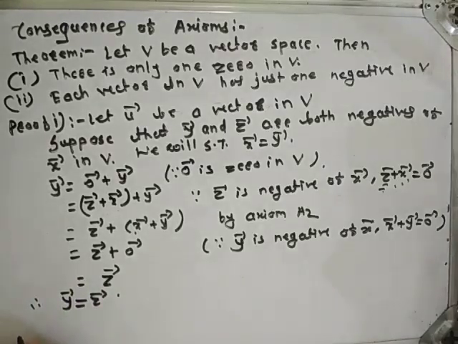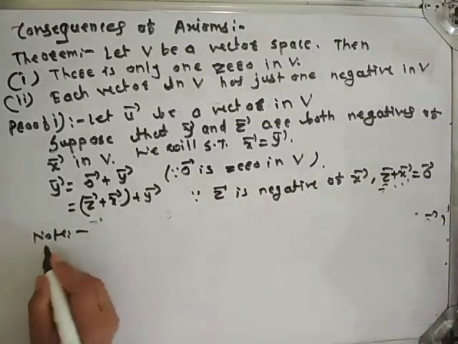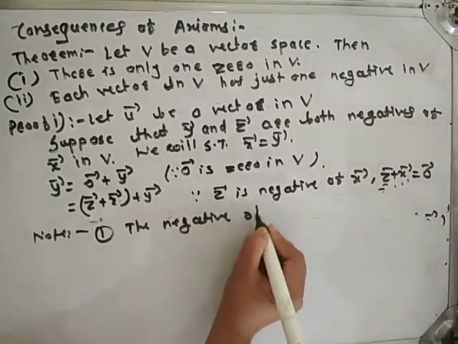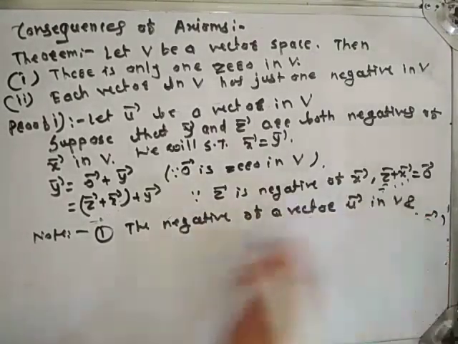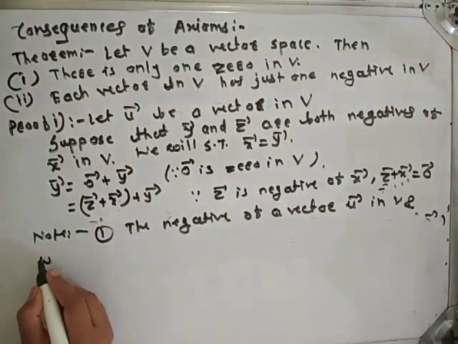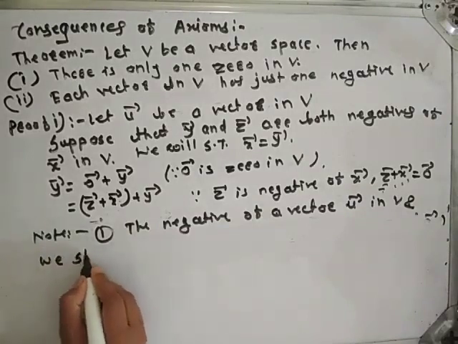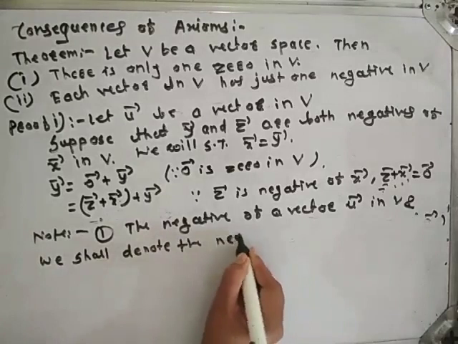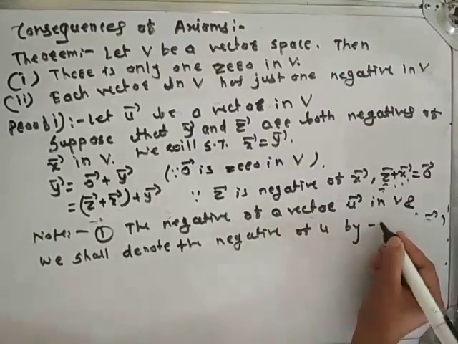So, write down a note. First, the negative of a vector u bar in V we shall denote by minus u bar.